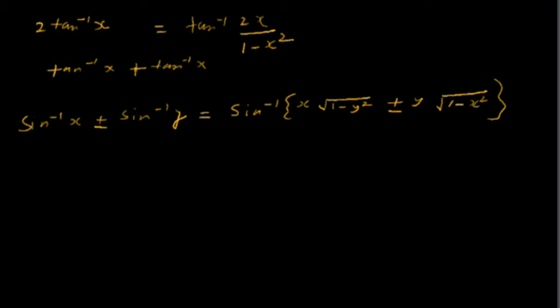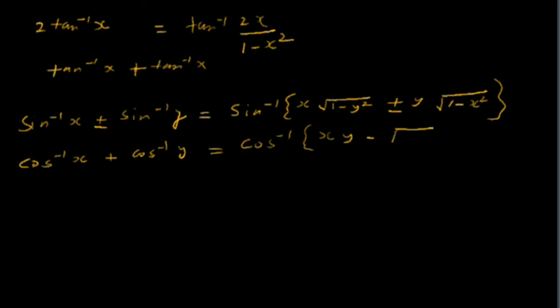Suppose I have to find the formula for sine inverse x minus sine inverse y. It will be sine inverse of x under root 1 minus y square minus y under root 1 minus x square. Same way, remember the formula of cos inverse x plus cos inverse y. Very easy. You know the cos a plus b formula: cos a into cos b minus sin a into sin b.